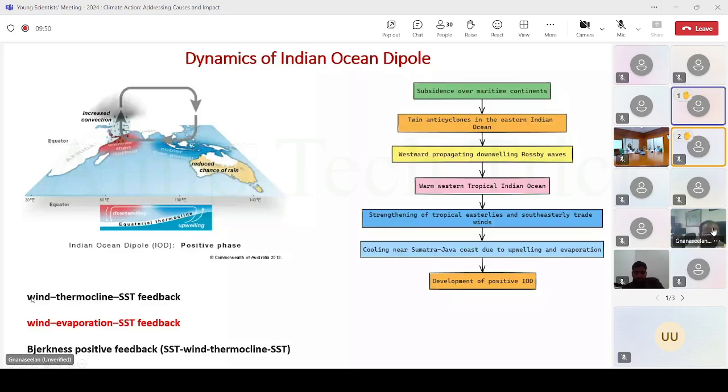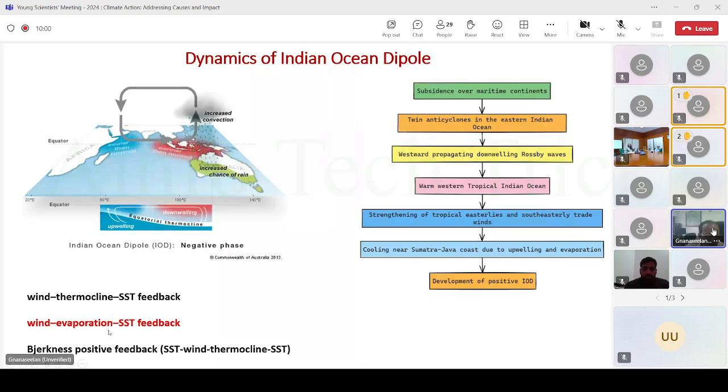So the wind, through thermocline changes, can affect the SST. That is one feedback mechanism. Another one is that the wind can also modulate the evaporation, so the evaporation can cool the SST. So the wind-evaporation-SST feedback is also very, very important in the IOD formation.